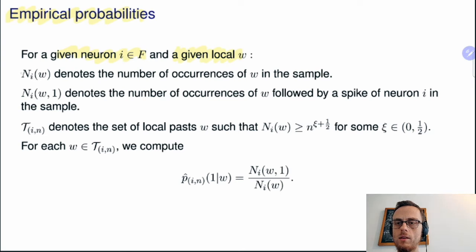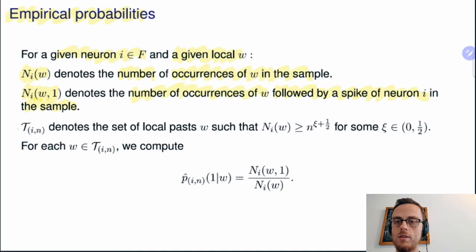We denote N_i(w) the number of occurrences of w in the sample. Similarly, I define N_i(w,1), the number of occurrences of w followed by a spike of neuron i in the sample. Okay?